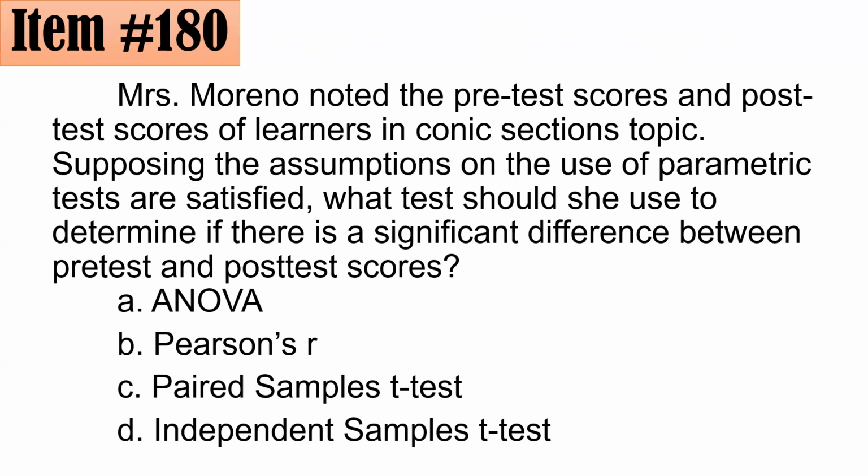Is it A, one-way ANOVA, B, Pearson's r, C, paired samples t-test, or D, independent samples t-test? So dito, research na po tayo. Okay, letter C. Tingnan po natin kung tama si letter C.